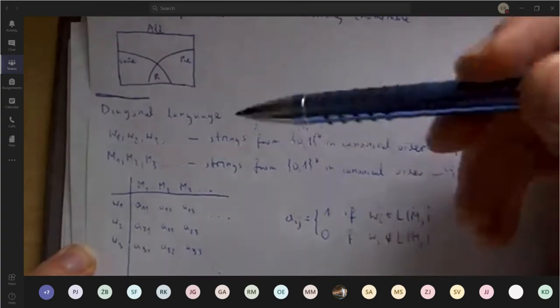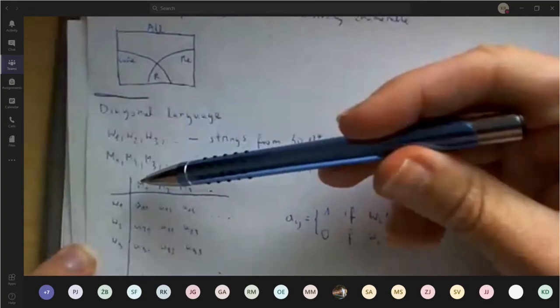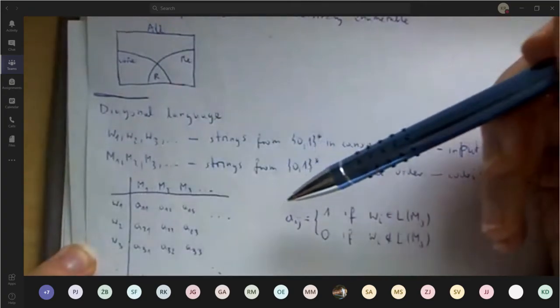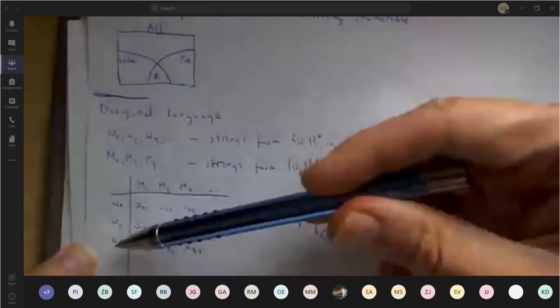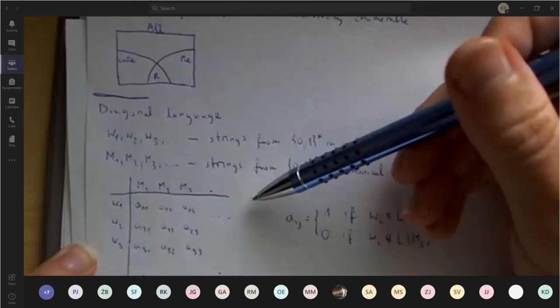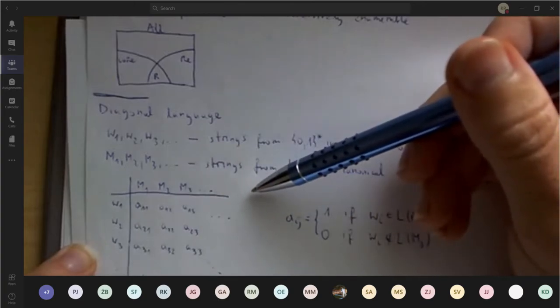For example, if we consider the input string wi and Mj, then Mj is a sequence.